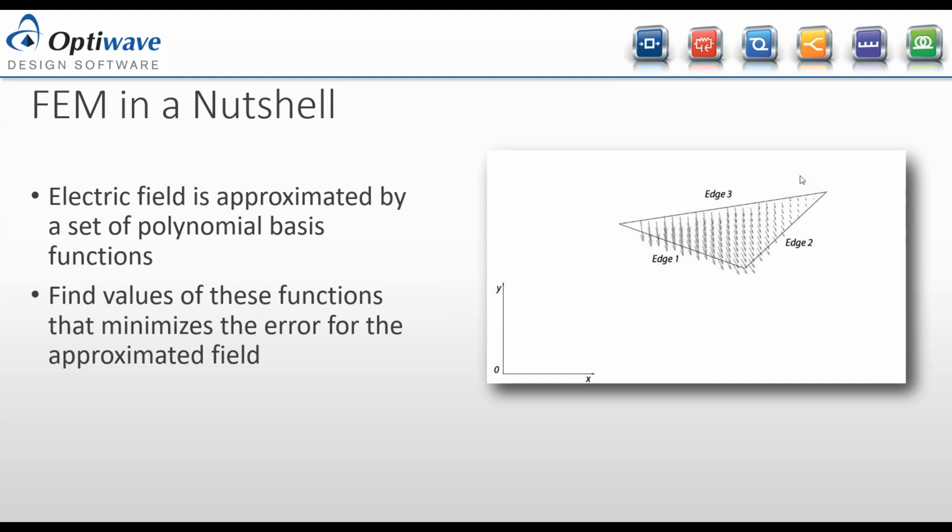And then for this element, you'd have 3 of these basis functions, and then using them, you can add them up with different weightings to get a pretty good approximation of the field. And the idea of the finite element method is to choose values of the weightings of these functions to get the best approximation of the field. And you want to minimize the error for that approximated field.